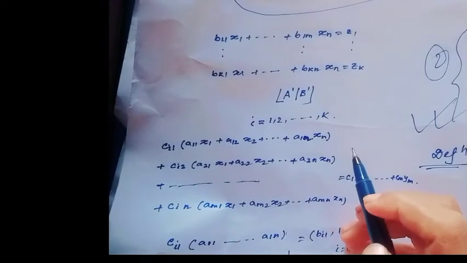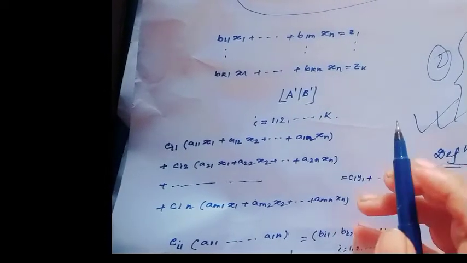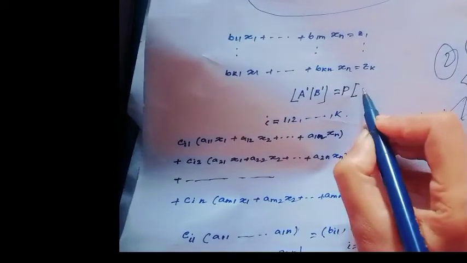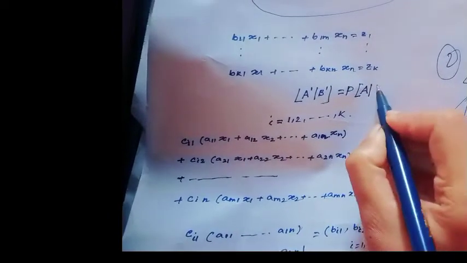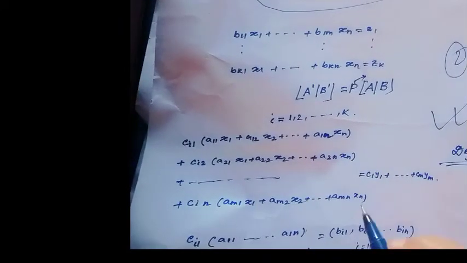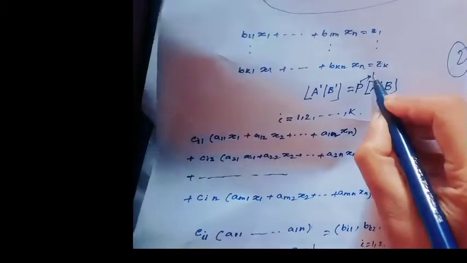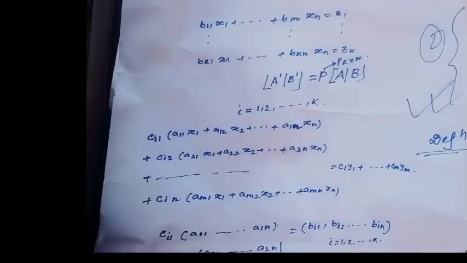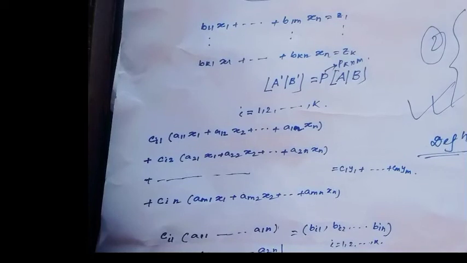So actually this augmented matrix would be P times the older augmented matrix AB, where this P is a matrix of order K cross M. Okay, so I hope all my viewers have understood.